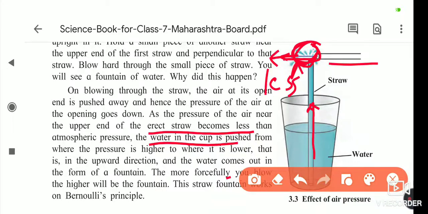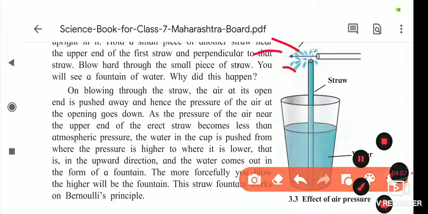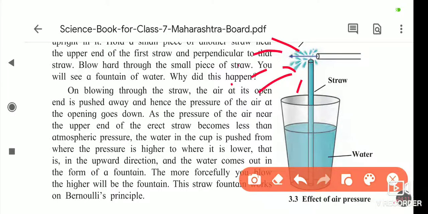And when we are blowing, it produces a shower-like or fountain-like spray of water particles coming from this position. So water moves from where the pressure is higher to where it is low, in the upward direction, and the water comes out in the form of a fountain, and the more forcefully you blow, the higher the fountain will be.